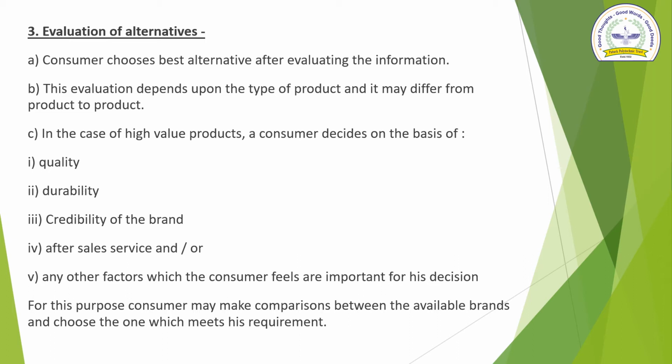You will try to understand what all the products are which are provided by these three companies, what is their quality, durability, what is the credibility of the brand, what are the after sales services which are provided by all these three companies. And you will evaluate all the alternatives on the basis of the information which is there with you.